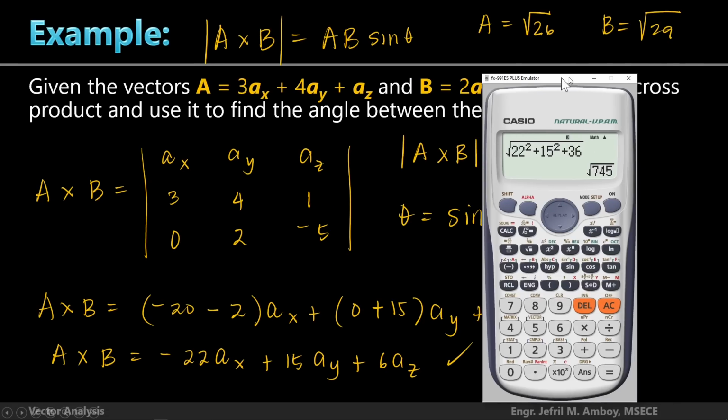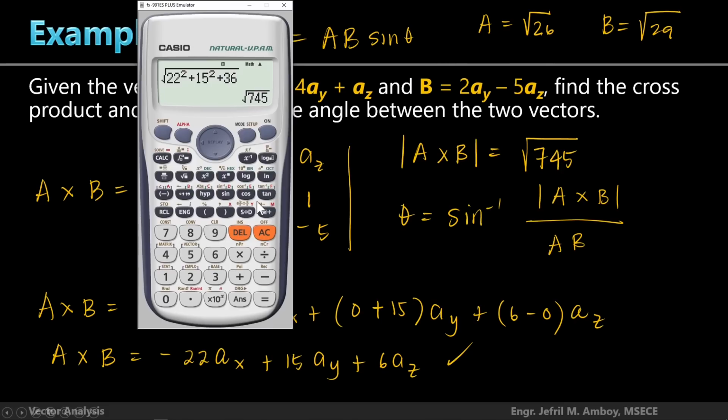Okay, so with the use of a calculator, we now have sine inverse. So, shift sine. Let's put a fraction sign. In the numerator, we have the absolute value of A cross B. That's the square root of 745. And in the denominator, we have square root of 26 times the square root of 29.